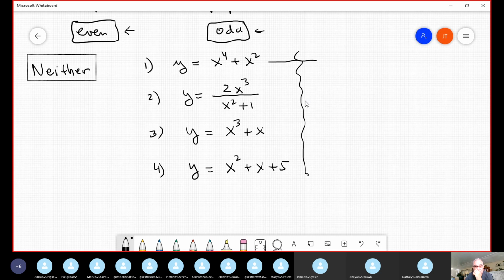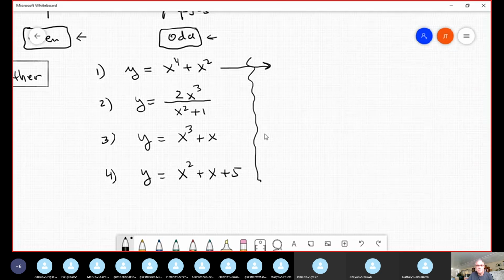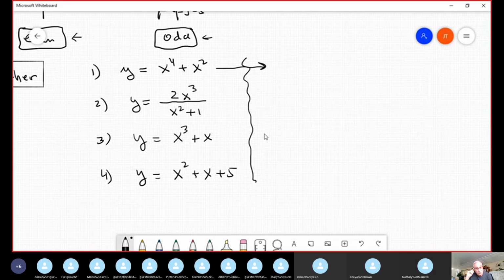What do you think about the first one? Using your common sense and intuition. What do you think about the first example? Is it even, odd, or neither? Help me. Answer me. No idea. Totally lost. You don't understand very well even, odd, or neither. What should I do?